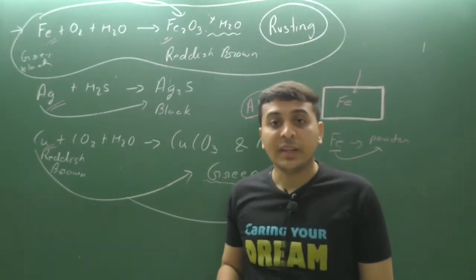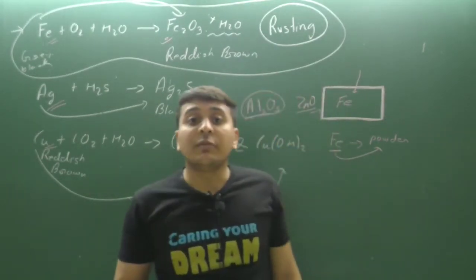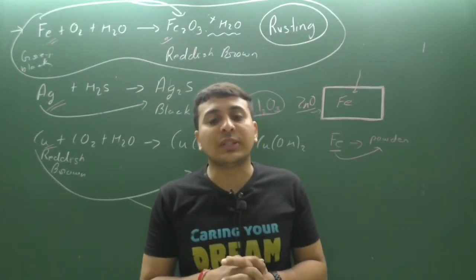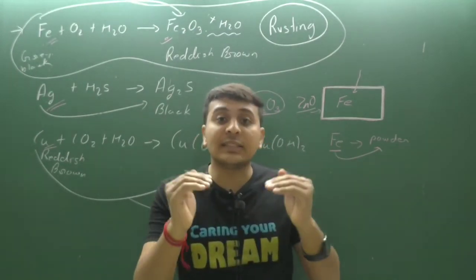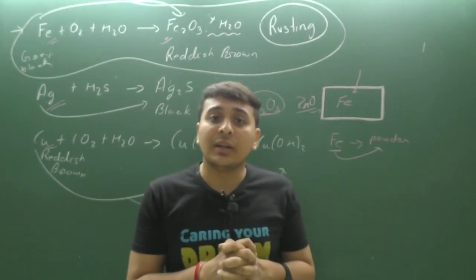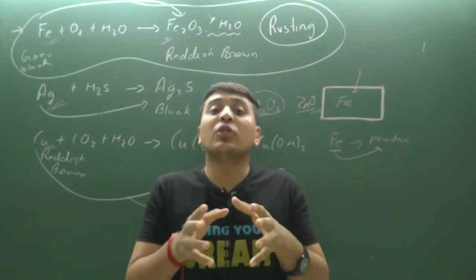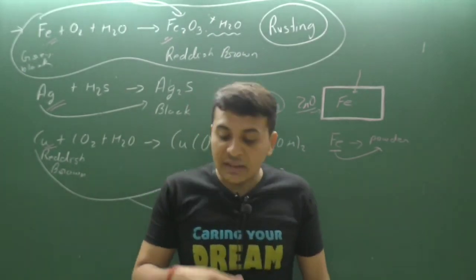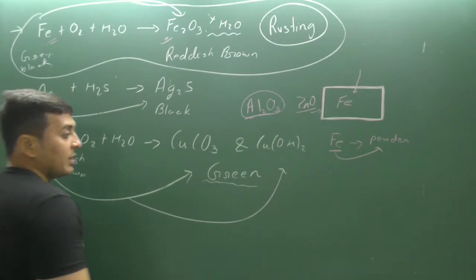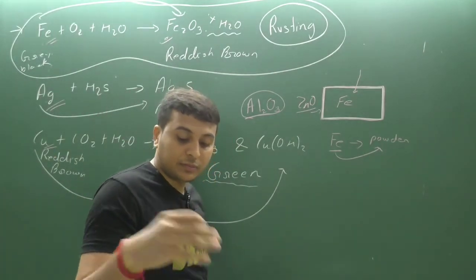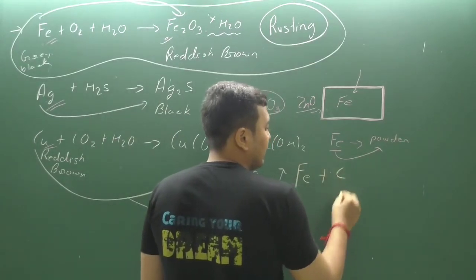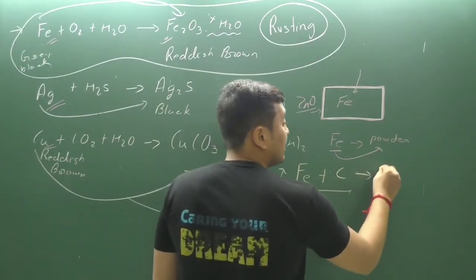Clear? Getting it? Or we can form the alloy of iron. To stop the corrosion, or to decrease the speed of corrosion, we can form the alloy. What do we mean by alloy? Alloy is a mixture of two or more metals and non-metals. If we are mixing Fe with carbon, then it forms steel.